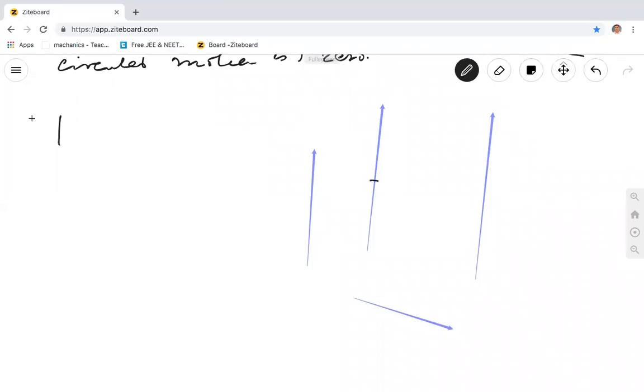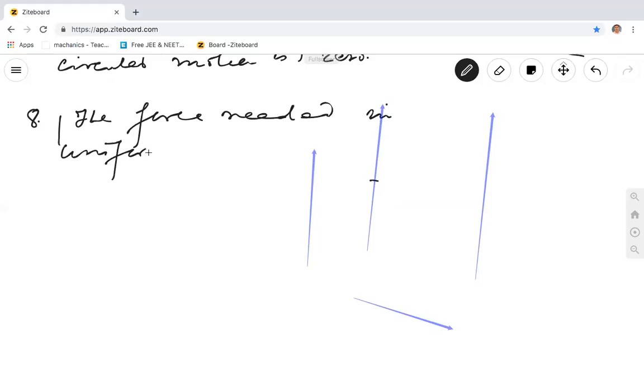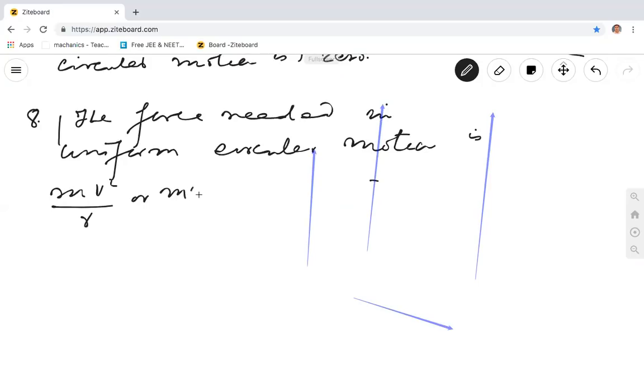Eighth, we have already said there's a force. The force needed in uniform circular motion is mv square by r, where m is mass, v is the speed, r is the radius of that circle, and also m r omega square.